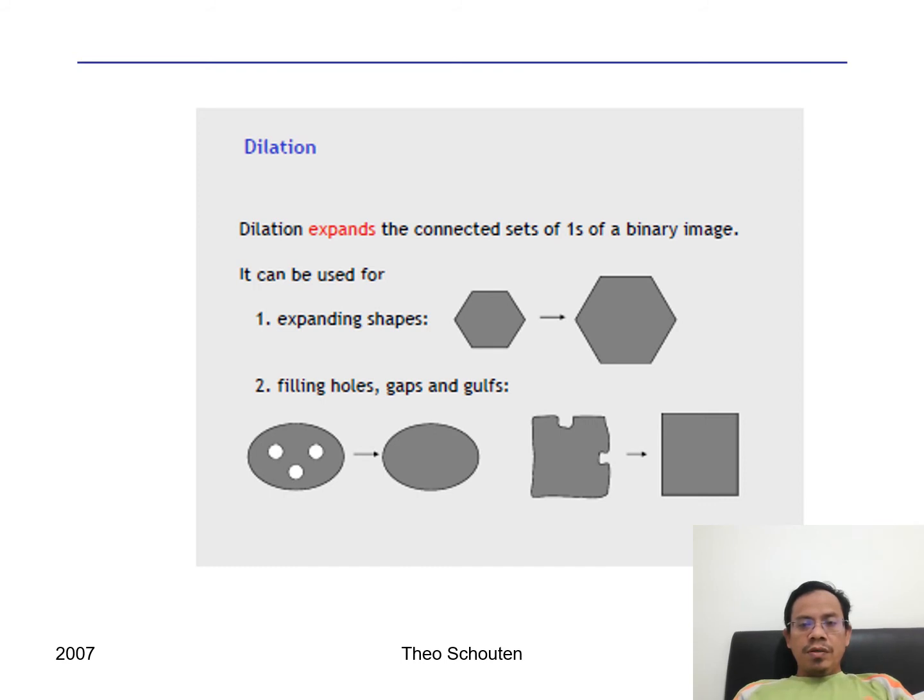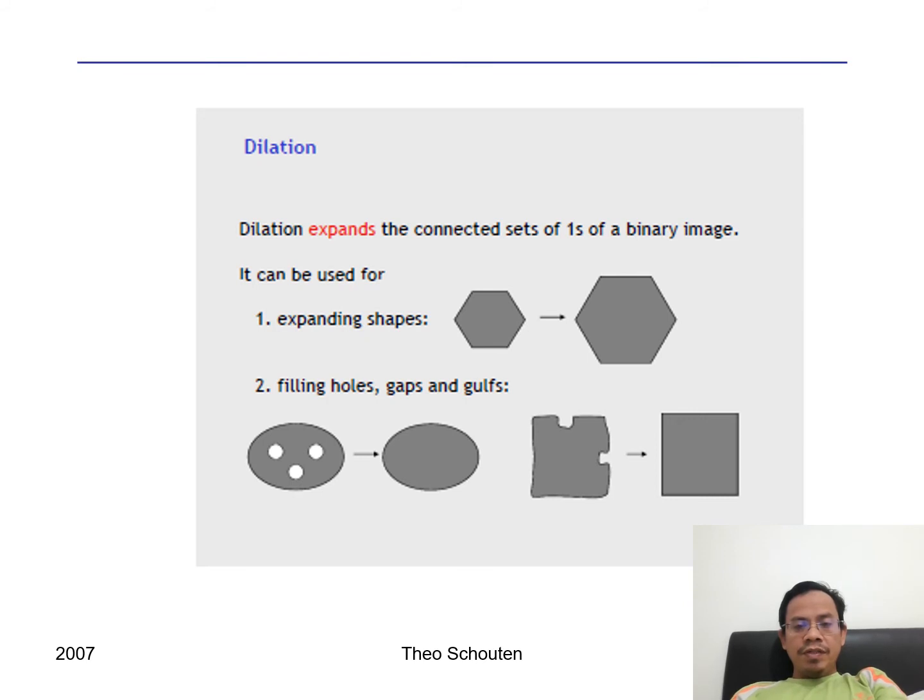When you have an object, you fill the holes, gaps and gulfs, so we can use dilation. Dilation is adding sets of logical 1 to the binary image.